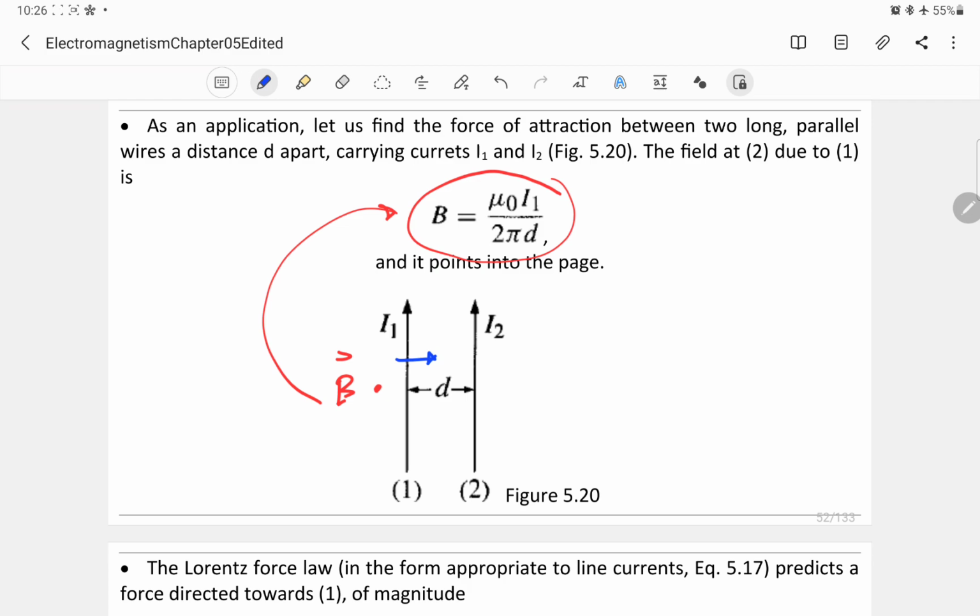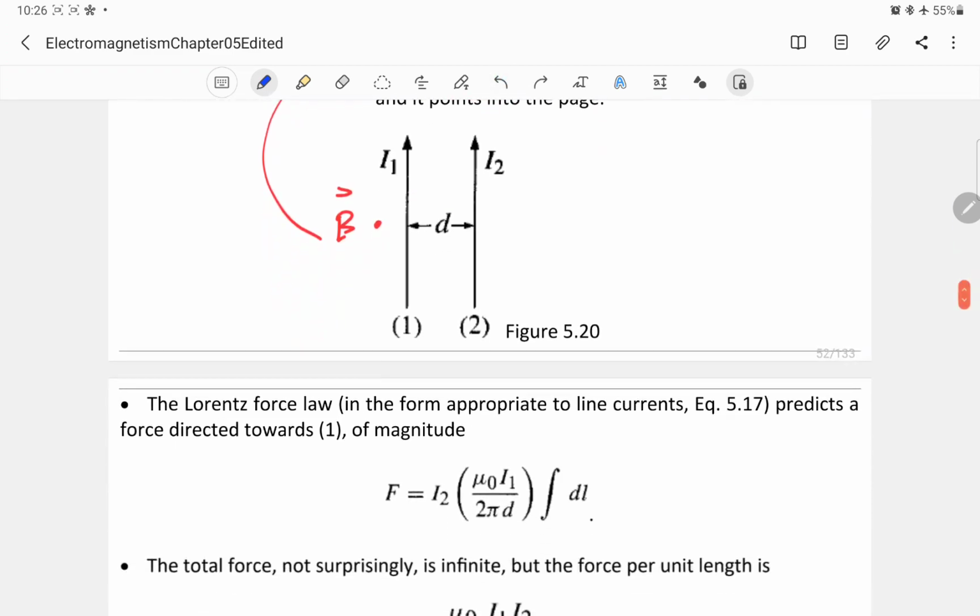So I2 is attracting I1 in that case. If you have parallel wires with the same direction of current, then both wires will attract. If you have opposite directions, then they will repel, because if I2 were in the opposite direction, the force would be in this direction.